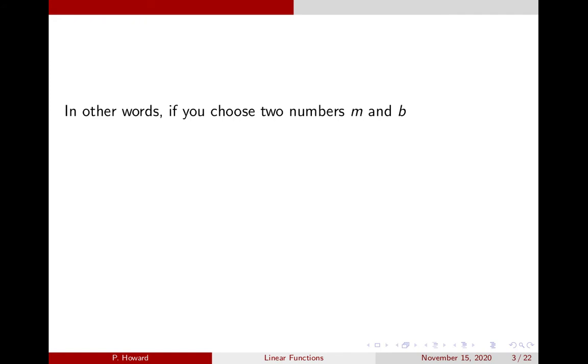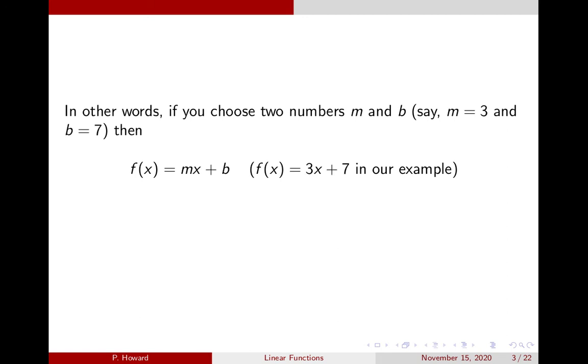In other words, if you choose two numbers m and b, like m equals 3 and b equals 7, then the function f of x equals mx plus b, in our example that would be f of x equals 3x plus 7, is the equation of a linear function.